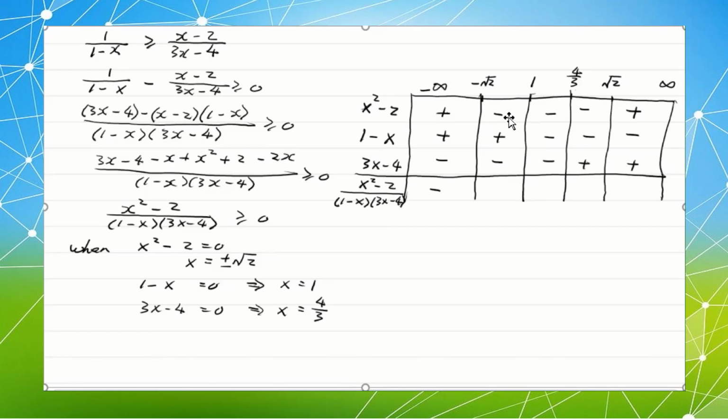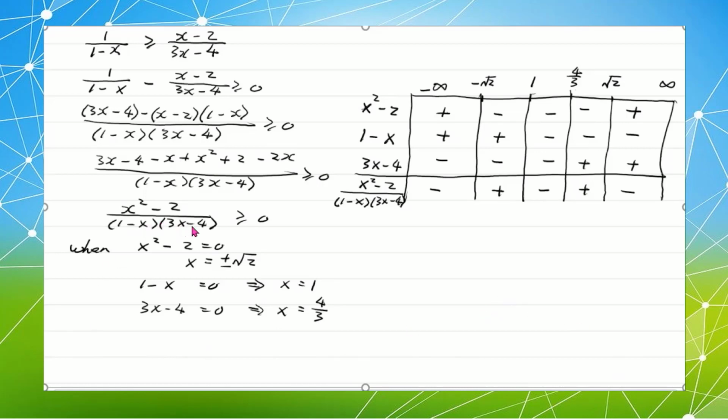When negative divided by positive and negative, we will get positive. So when negative divided by negative and negative, we will get negative. Then negative, negative and positive, that is positive. Then finally, positive, negative, positive, we will get negative.